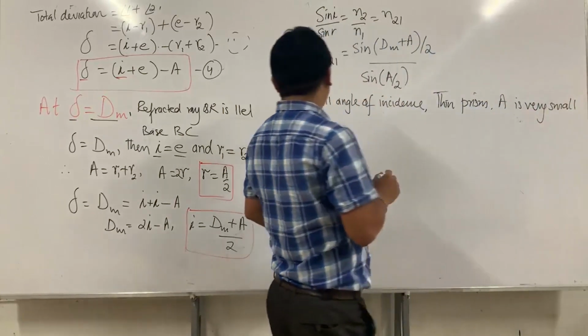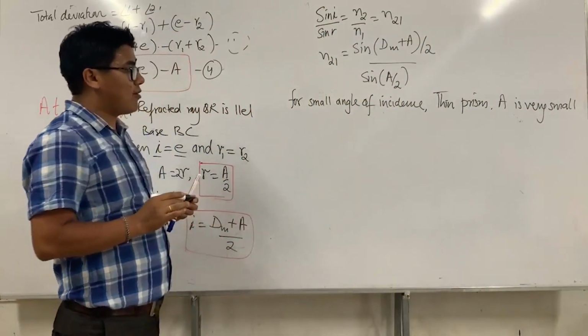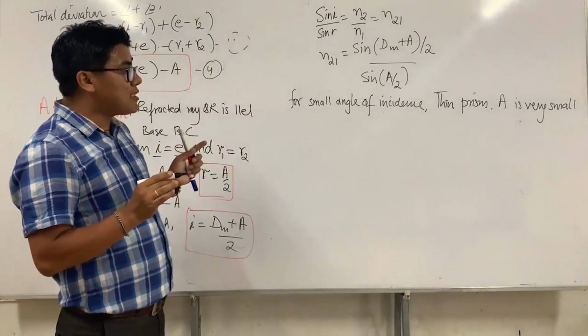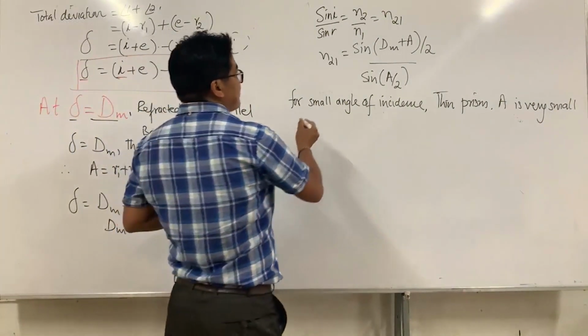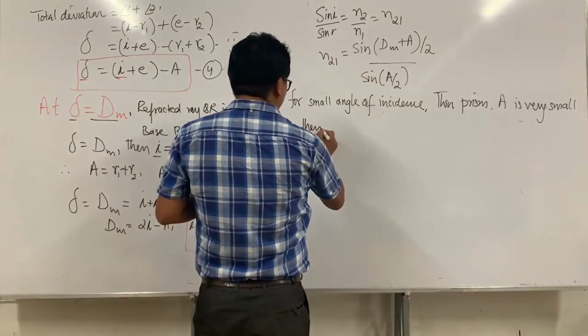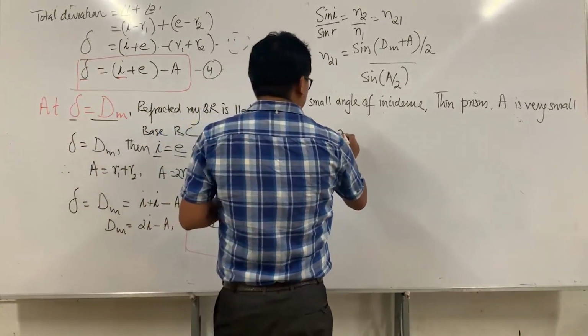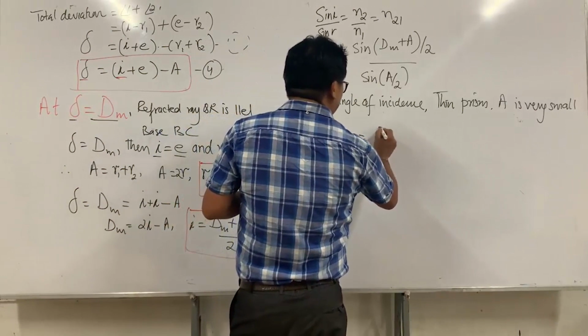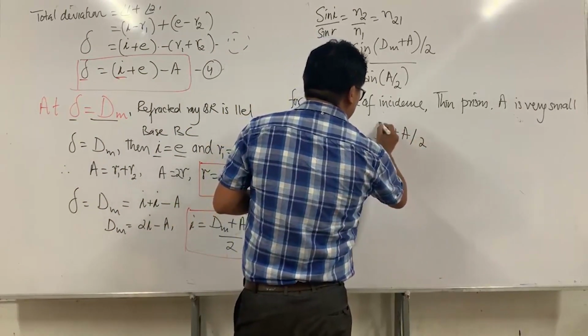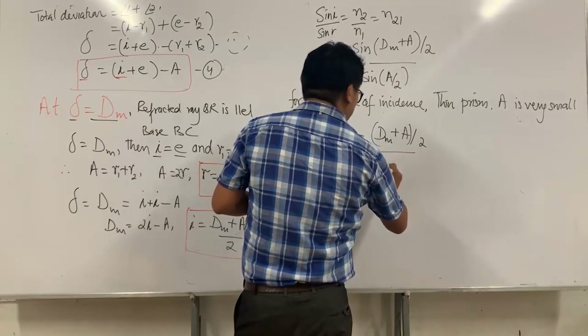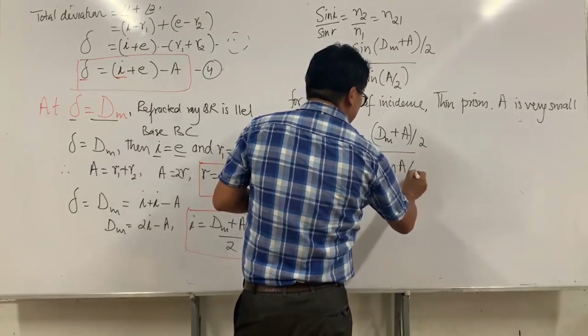So the condition is I is very small, and if the prism is very thin, obviously A is going to be very small. Then it is going to be Dm plus A divided by 2 divided by A divided by 2.